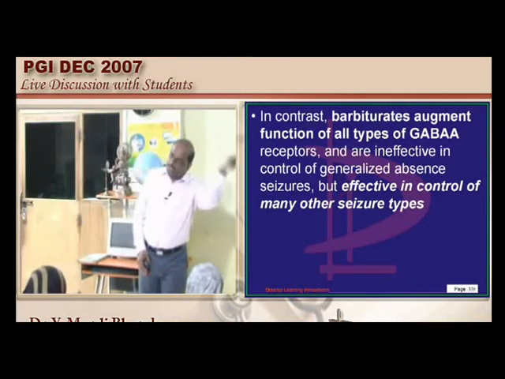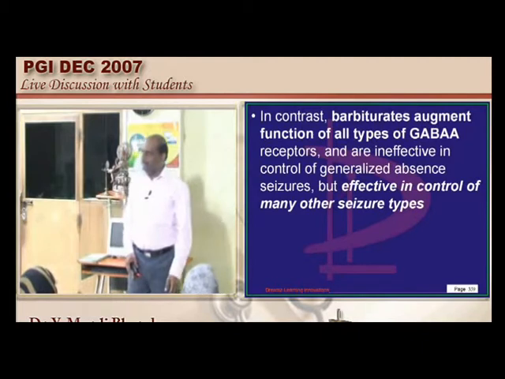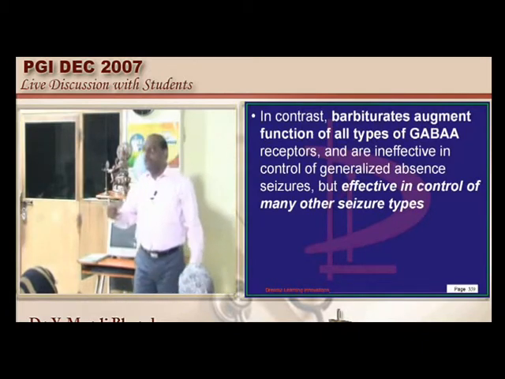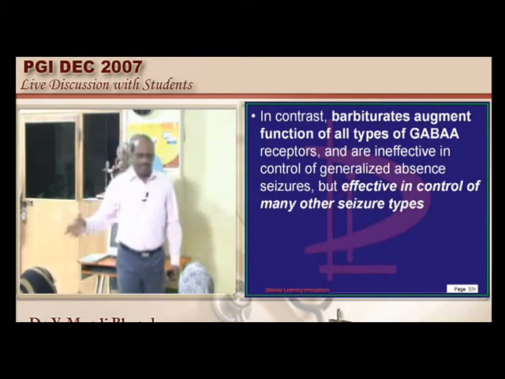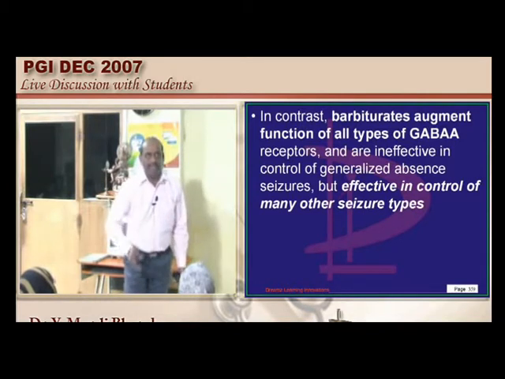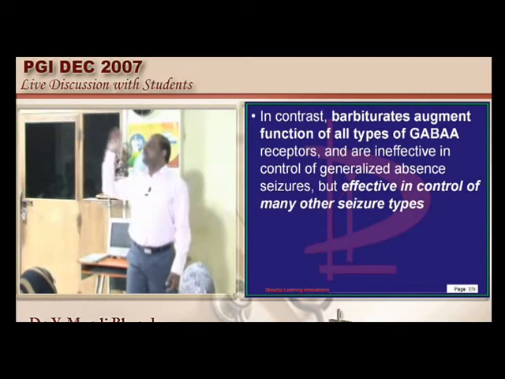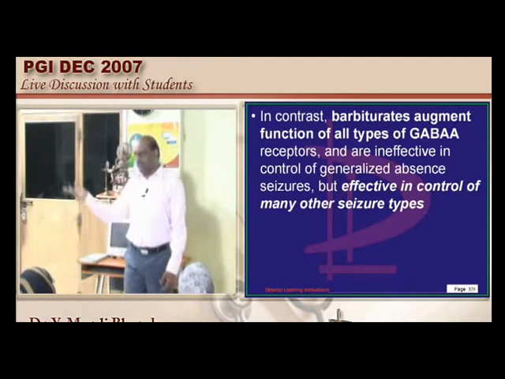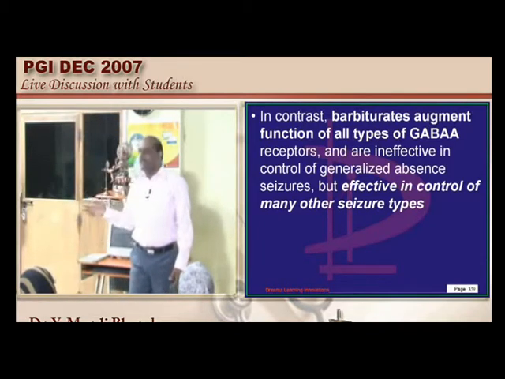Both of them will act on the GABA, they increase the release of the GABA. But why do we use so frequently in the casualty, when the patient comes, diazepam instead of phenobarbital? Of course you will say that phenobarbital causes respiratory depression, which I don't want, hence I use diazepam. That is one reason.